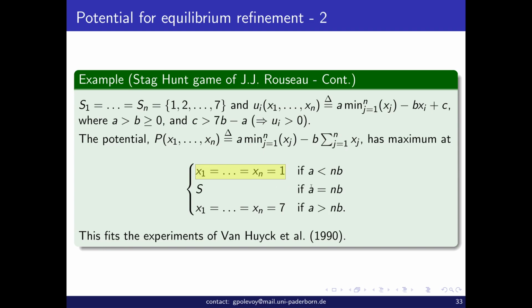If A is exactly equal to n times B, then the potential is maximized at any point, it does not matter. And if A is strictly larger than n times B, then you would like to invest as much as possible, so you invest 7. I remind you that in this example, 7 is the maximum possible investment. So that is the maximum of the potential.